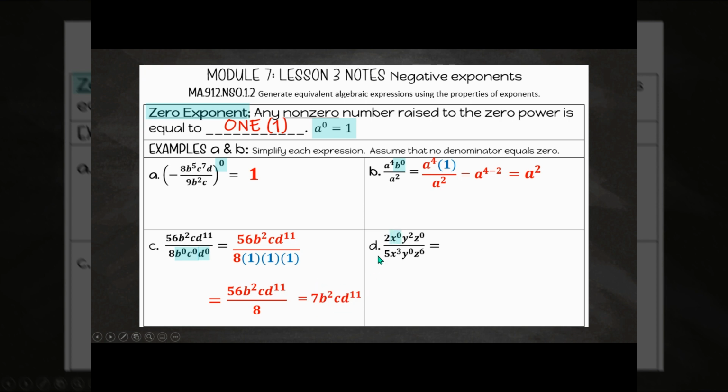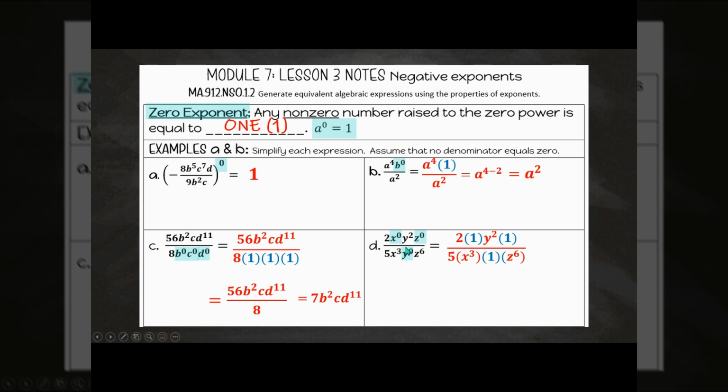Okay. Then we have example d. We have 2x to the 0 power, y squared, z to the 0 power, all being divided by 5x to the power of 3, y to the power of 0, and z to the power of 6.